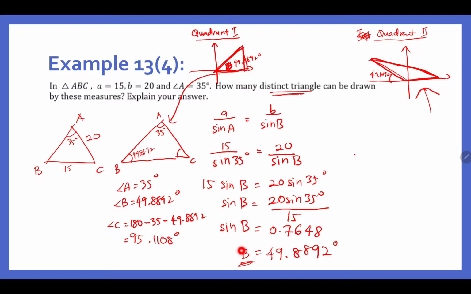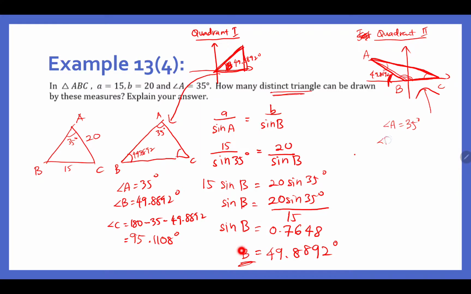Okay, ini adalah bentuk triangle dan juga dia punya angles of each vertex if the triangle lies in the first quadrant. For the second case, if the triangle lies in the second quadrant, kita nak tengok dia possible ataupun tidak. Kita kena kira sudut untuk setiap vertex. Angle A 35, sama macam yang dia beri.